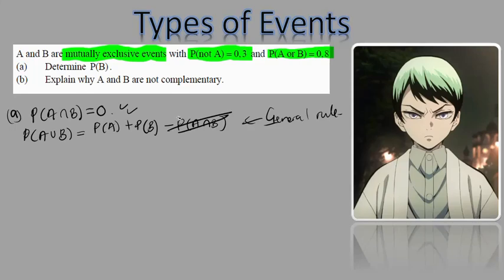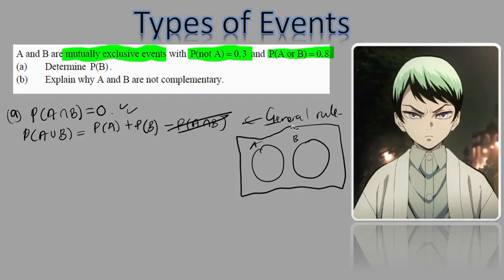So again, in this situation, two events being mutually exclusive, let's put it this way. Here is A, here is B, A and B separate. I'm given the probability of the union, which is this and this all together, and they make 0.8.